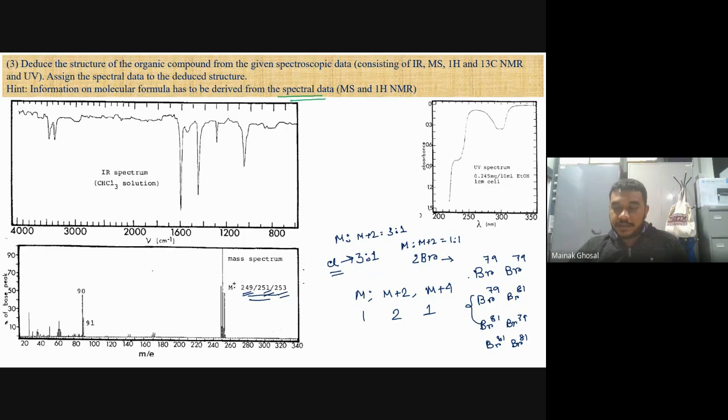So 1:2, these two are equivalent, and this is 1. So the 1:2:1 that you expect to see, you are seeing it here. So you expect that the molecule is a disubstituted bromine compound. Okay, so the dibromo compound. So from here you get an idea that it is a dibromo compound.